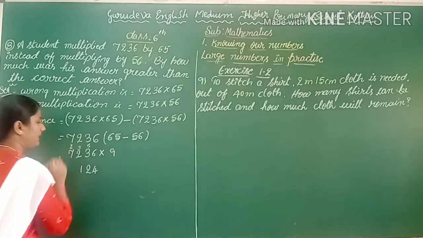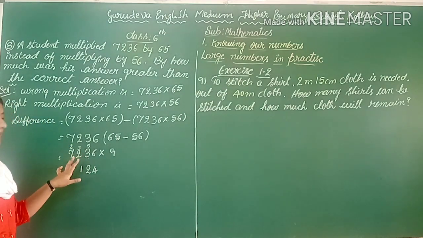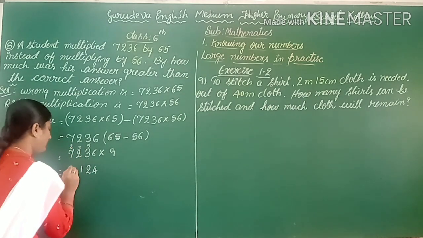Here to carry. Then 9 sevens are 63. 63 plus 2, 65.